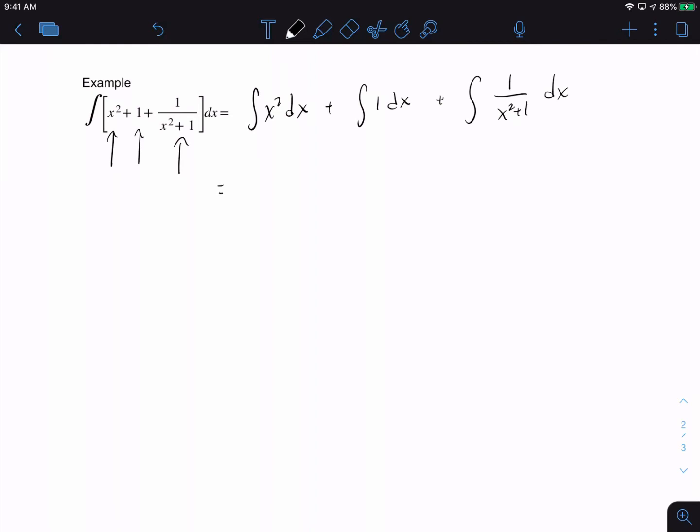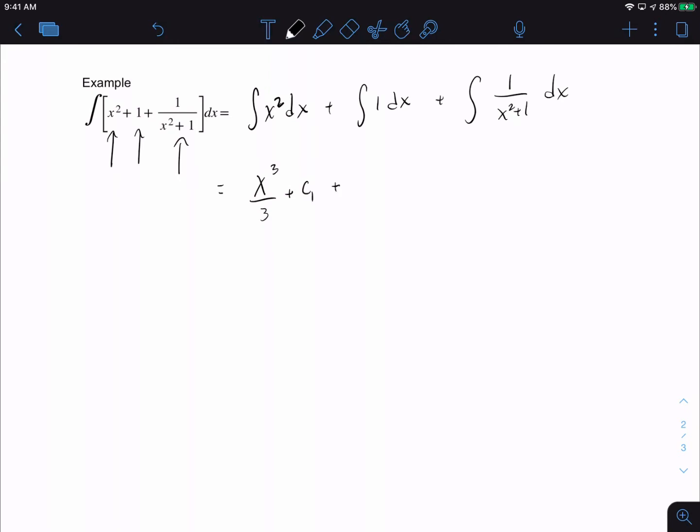So this first one is going to be by the power rule. So we're going to have to add 1 and then divide by that new power. So I'm going to get x to the third over 3 plus some constant, right? Because it's indefinite, and each indefinite is going to have a c.